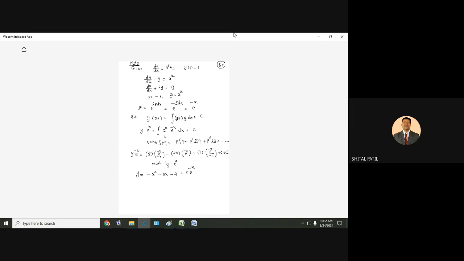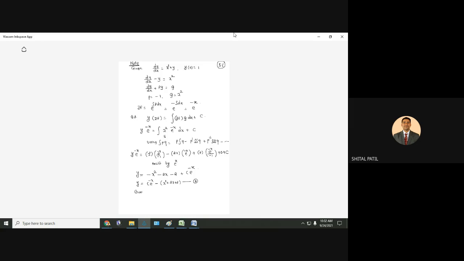Hope the signs are correct. Yes. Therefore, y equal to c e raised to minus x minus of x square plus 2x plus 2. This is the general solution. Let me write this as equation number 3.